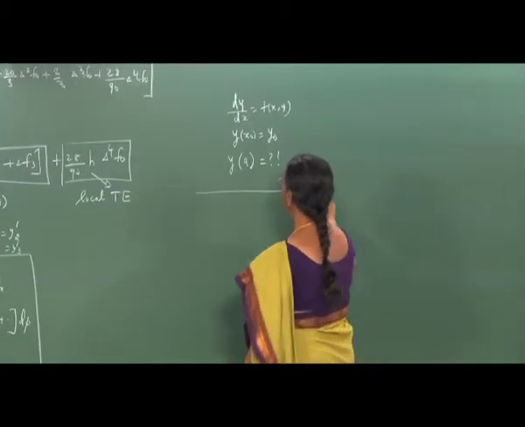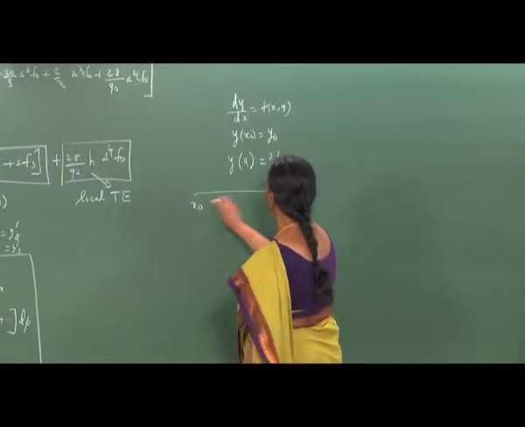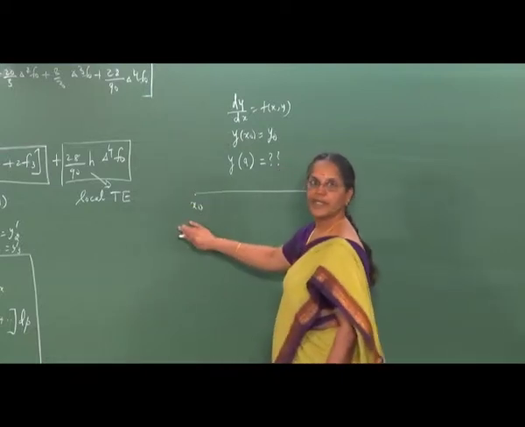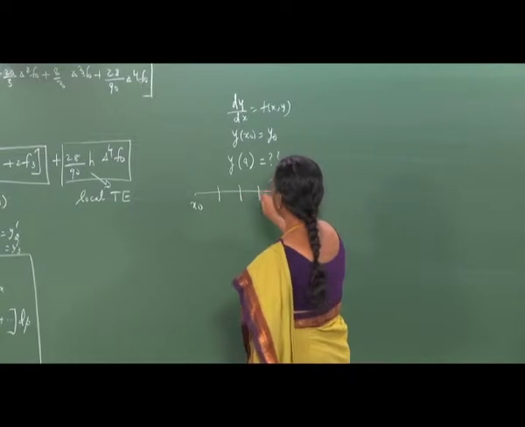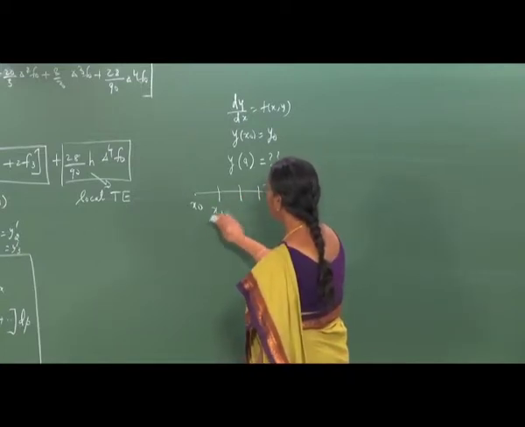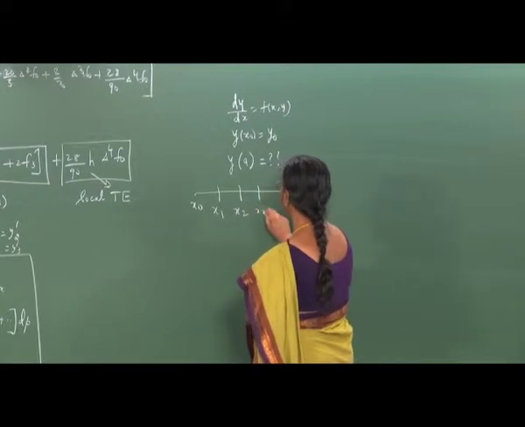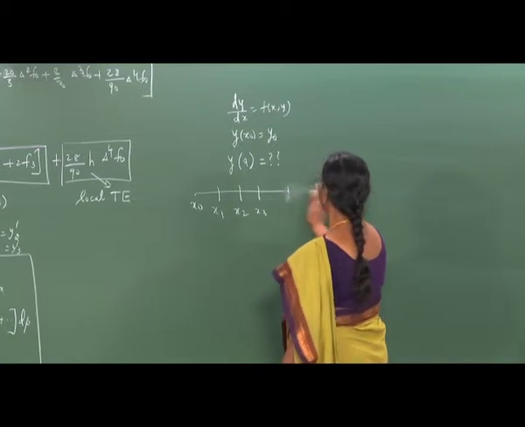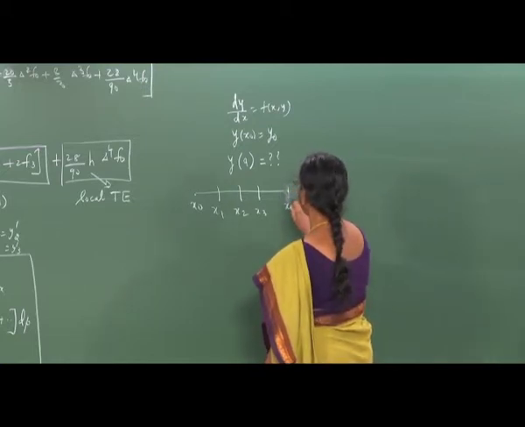So, what you do is you divide this interval a to x naught into intervals such that you have points x1, x2, x3 and x4, which is going to be your a.